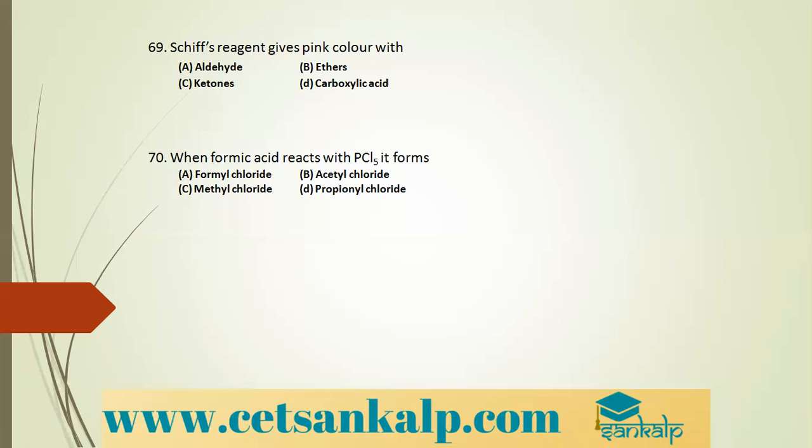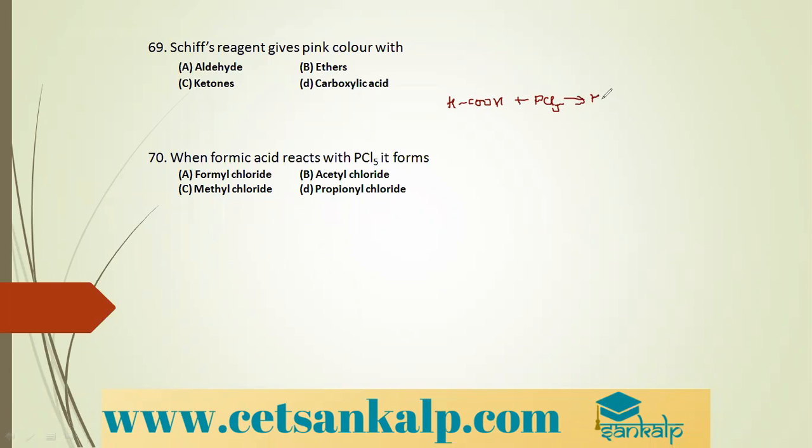Moving to the 70th question. When formic acid reacts with PCl5. So formic acid is HCOOH. We have seen it in one of our synopsis. Formic acid when it reacts with phosphorus pentachloride, PCl5, what do we get?